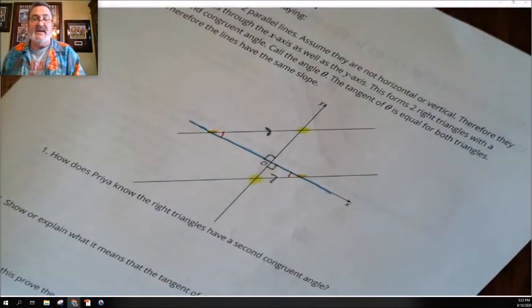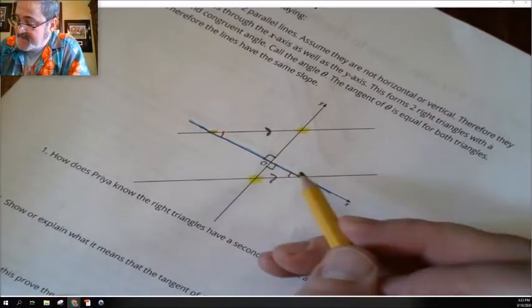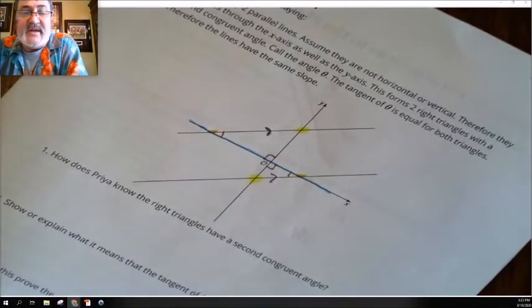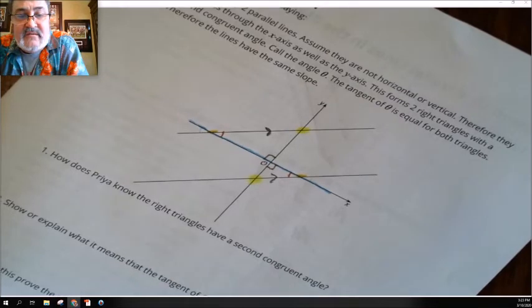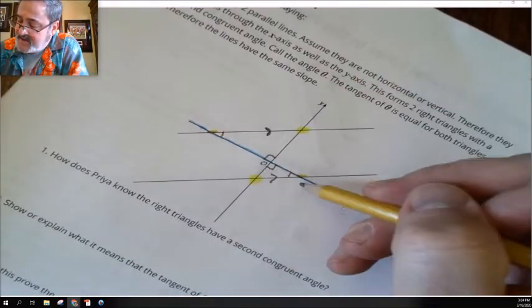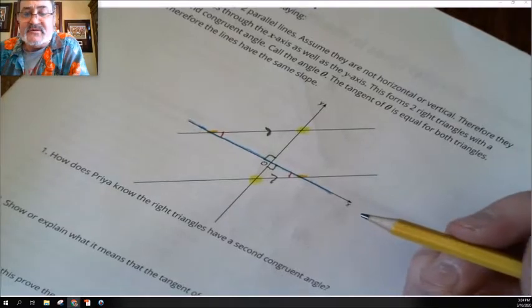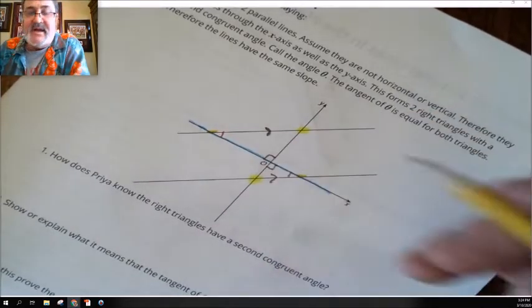Ours were usually a little more straight up and down, but this is still just a transversal cut between two parallel lines. So if those are two parallel lines and a transversal, what kind of angles are these two? We had vertical angles, we had corresponding angles. These are both inside the parallel lines, and they're on opposite sides of the transversal. Alternate interior angles.